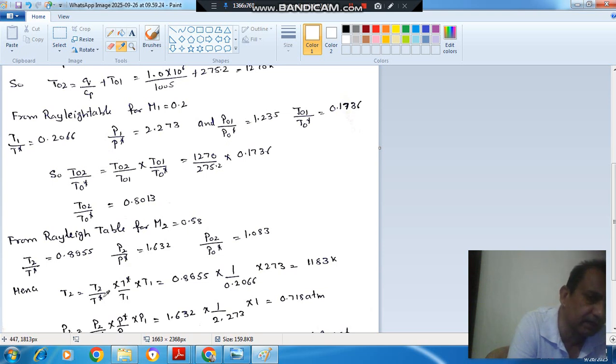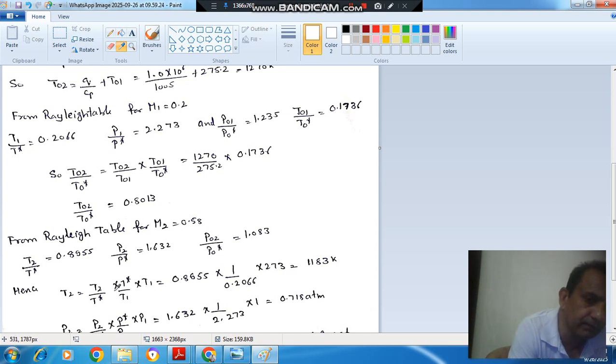So T2 by T star can be seen from the table corresponding to 0.58, and T1 by T star can be seen from the table of 0.2. So T star will cancel out, and we do not need the actual value of T star. What we want is the ratio. The ratio will cancel out this T star. But the value of T star is fixed for any flow.